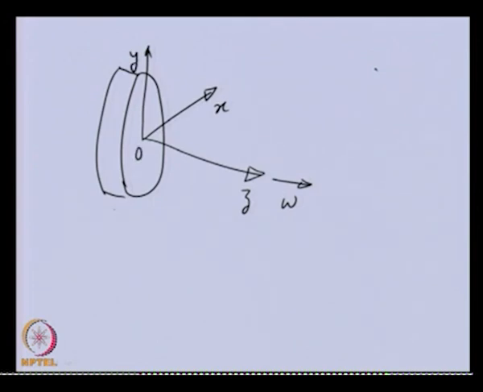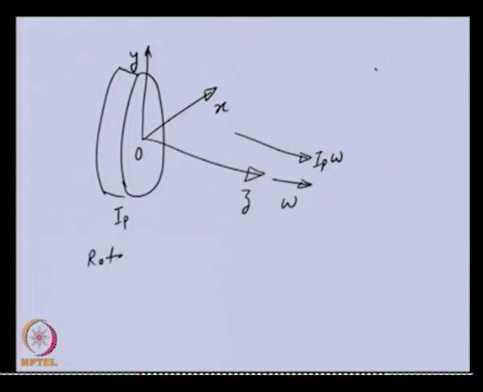This disc has polar moment of inertia about the z axis, that is Ip. Because of this spinning, the angular momentum of the disc is Ip omega in the positive z direction. We restricted the rotation of this disc about x axis.